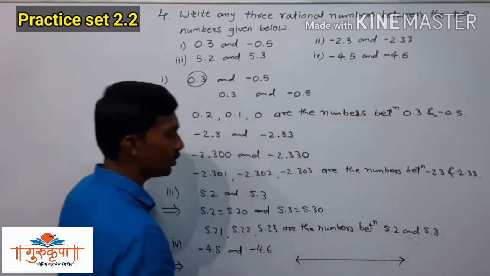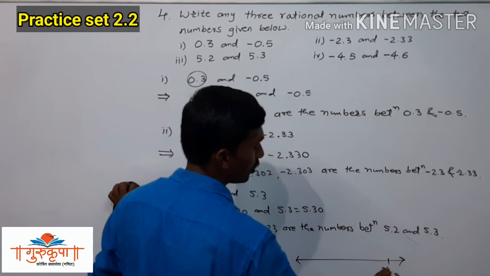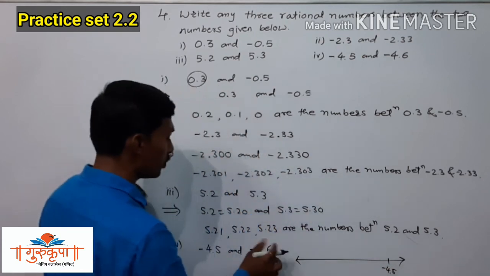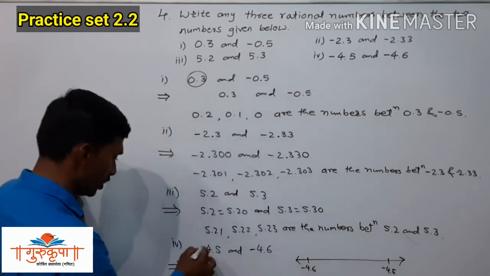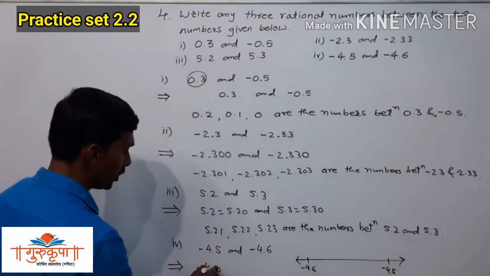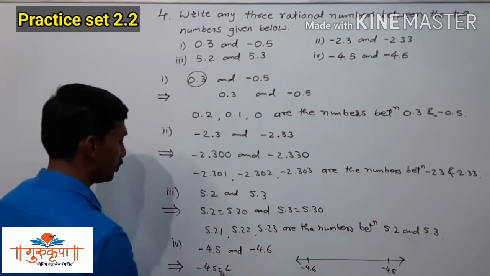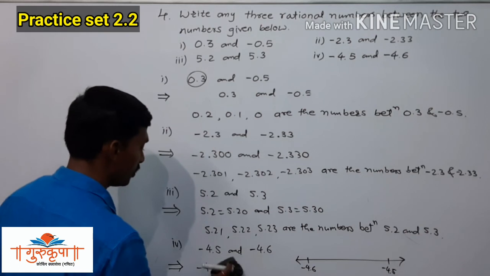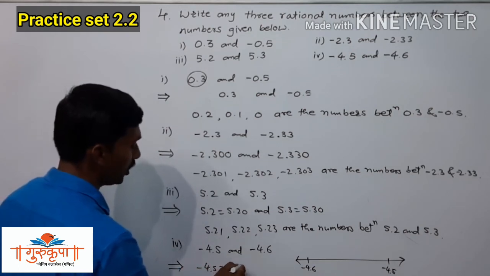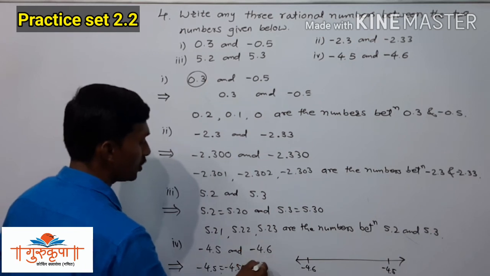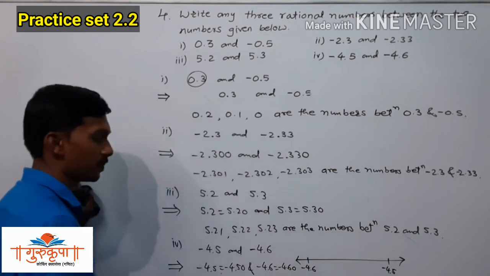At the right side we have to take the bigger number. Which one is bigger? Minus 4.5. To the left side we will take the smaller number, that is minus 4.6. Now you can write minus 4.5 as minus 4.50, and you can write minus 4.6 as minus 4.60.